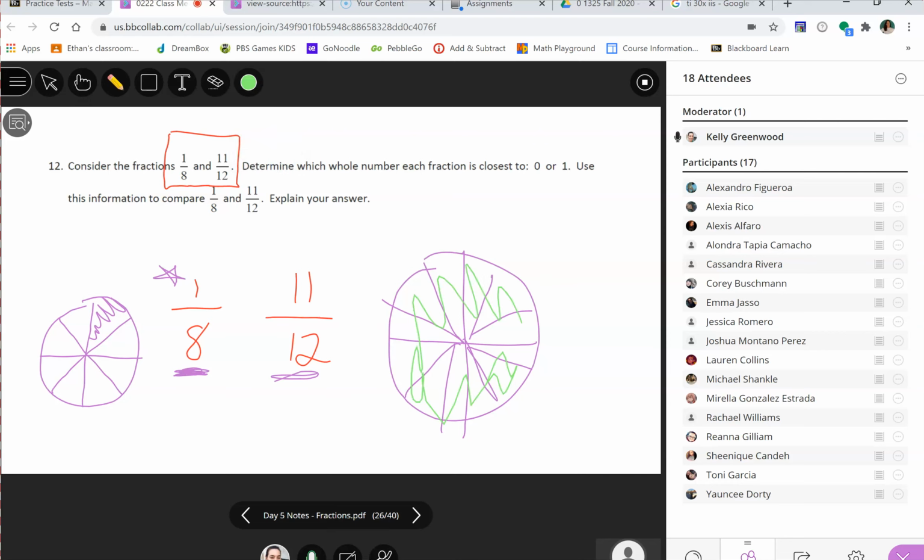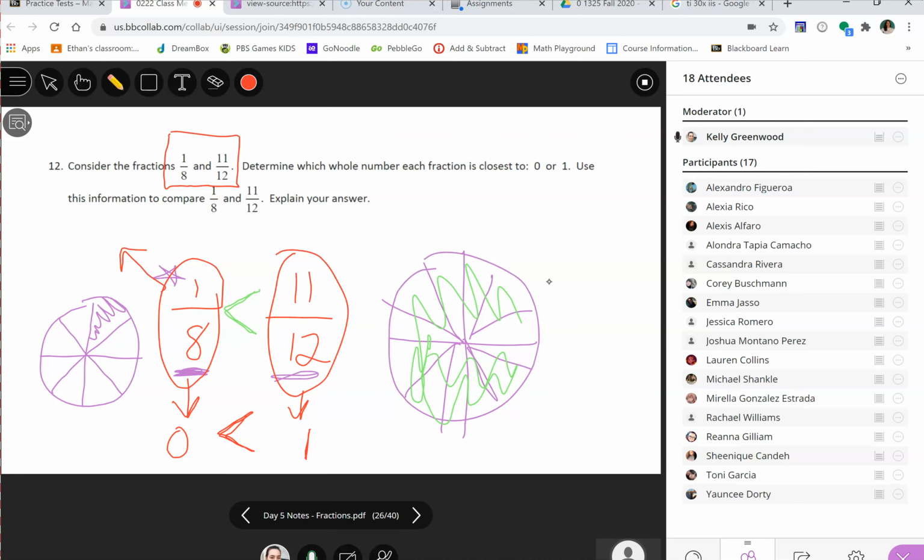If I have all but one, visually it's obvious that 11 out of 12 is bigger, right? And what my math lab is going to say is that 1 out of 8 is closer to 0 than it is to 1. 11 out of 12 is closer to 1 than it is to 0. You don't have to change it to decimals. You can see the 1/8 is closer to 0, the 11/12 is closer to 1, and compare them that way.